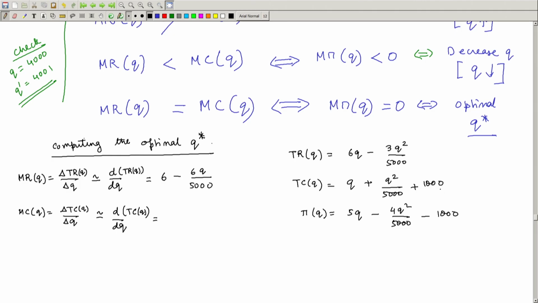The derivative of a constant with respect to output is 0, so that is not going to matter. The derivative of the first term, Q with respect to Q, gives me a 1, and then for the derivative of Q square by 5000, 1 upon 5000 will come out. The derivative of Q square with respect to Q gives me 2 times Q. So that is going to be 2Q divided by 5000.